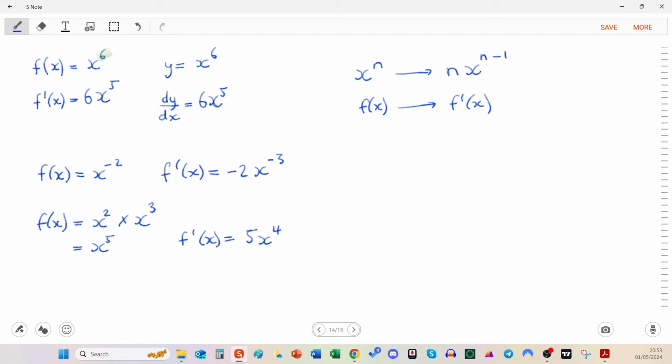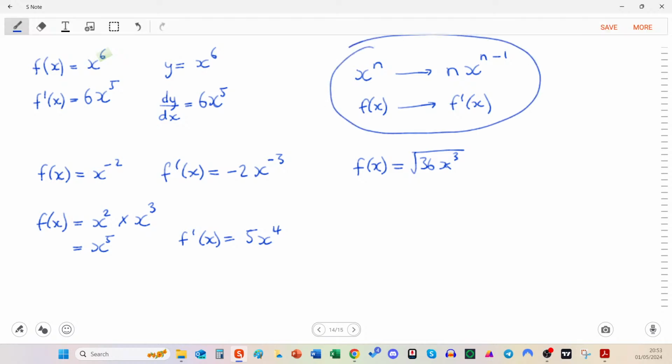Okay, so let's get a bit more complicated in terms of simplify first. What if it was f of x equals the square root of 36x cubed? Well, we can't really apply that rule, can we? This doesn't make much sense until you get it into a proper index form.